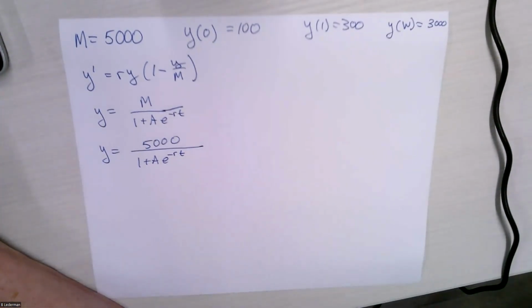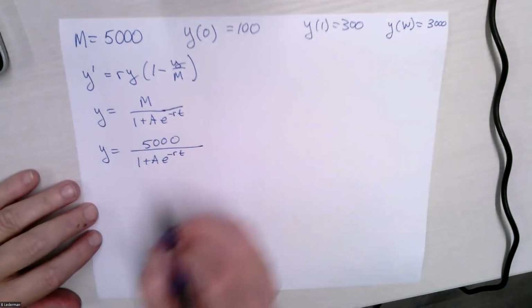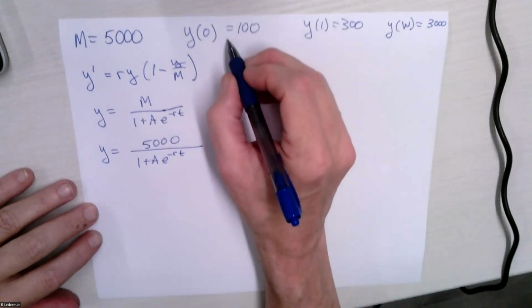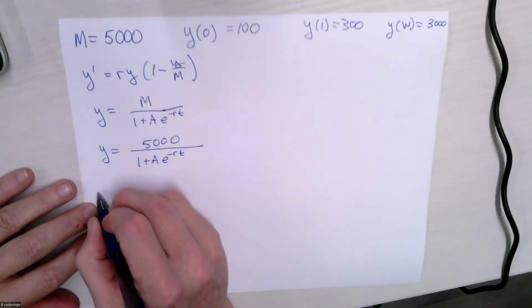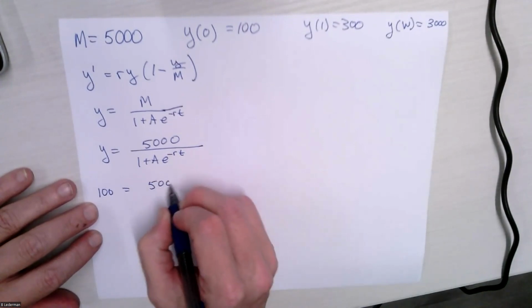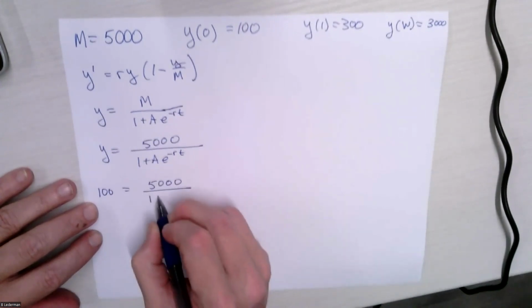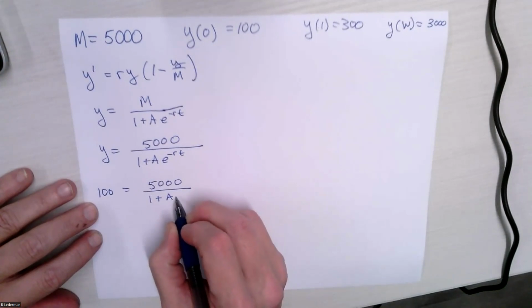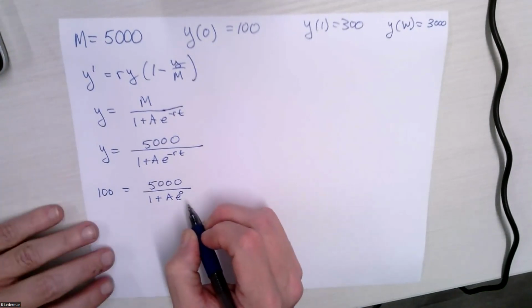And so we're going to use the fact that y of 0 equals 100. So we're going to say 100 is equal to 5,000 over 1 plus A times e to the 0 power.